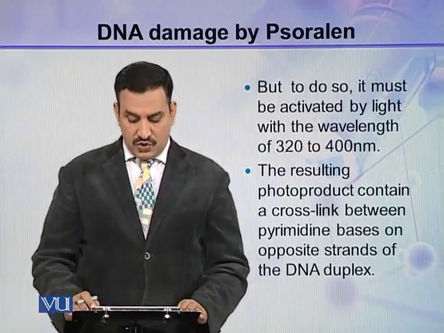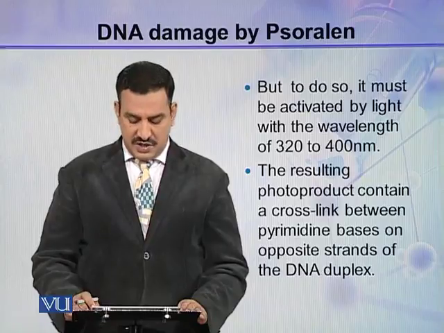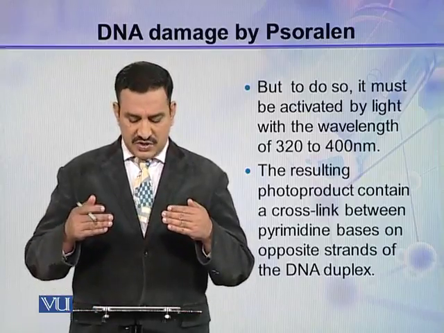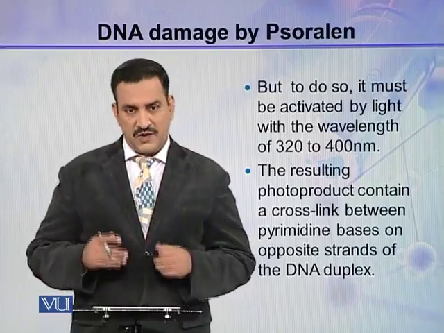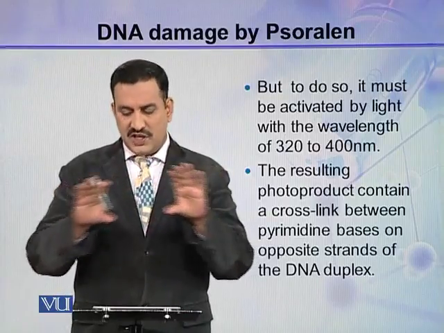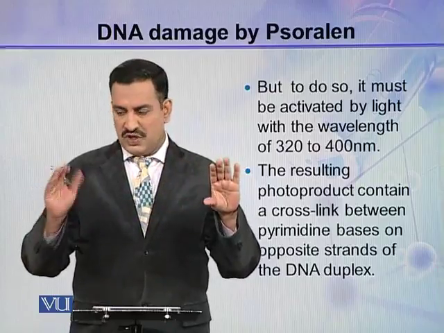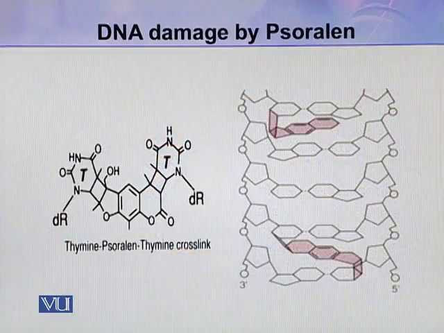The resulting photoproduct contains a cross-link between pyrimidine bases on the opposite strands of the DNA duplex. So this cross-link will be formed between two strands. So here you can see this cross-link.